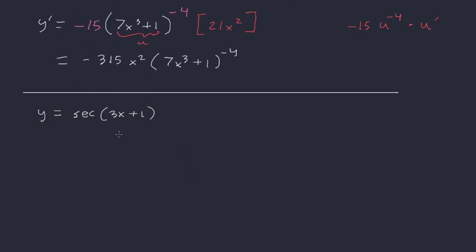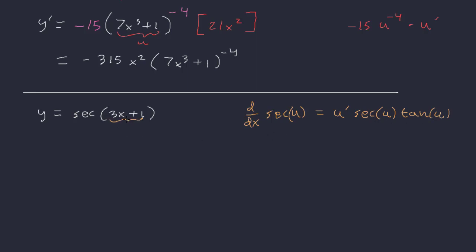All right, next up, let's look at secant of 3x plus 1. So here's a place where it's easy to mess up, okay? So remember, the derivative of secant of stuff, so secant of u, is going to be u prime secant of u tangent of u. So the u part is going to be listed twice.